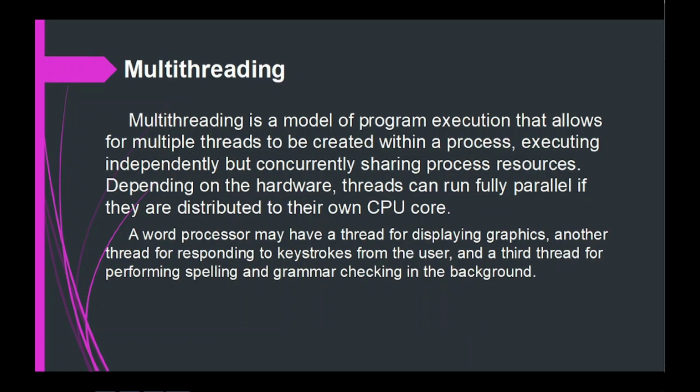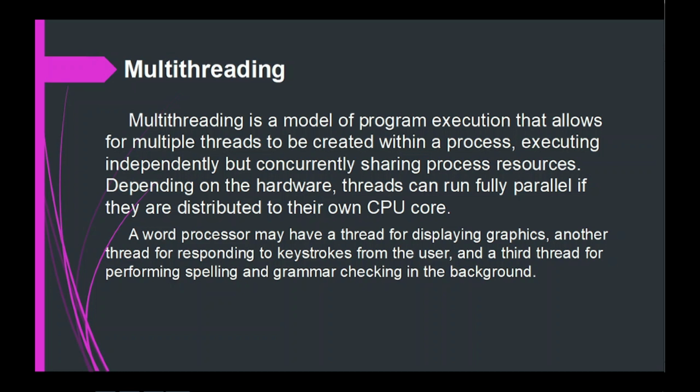So, multi-threading. Multi-threading is a model of program execution that allows multiple threads to be created, with the processes executing independently but concurrently, sharing process resources. Depending on the hardware, threads can run fully parallel if they are distributed to their own CPU core.